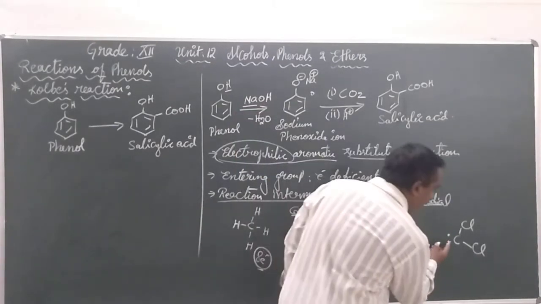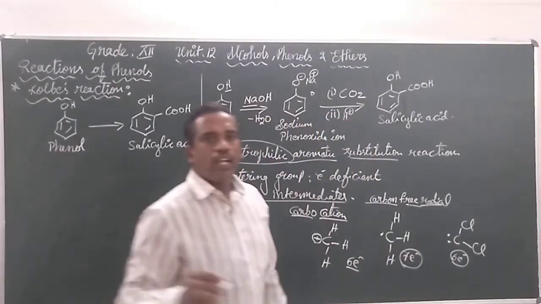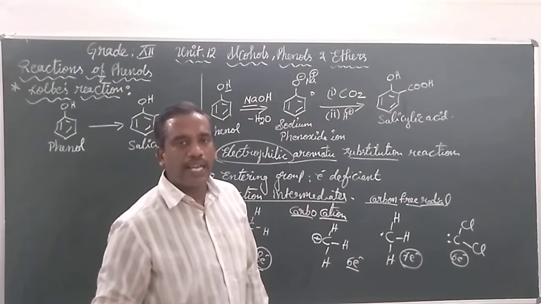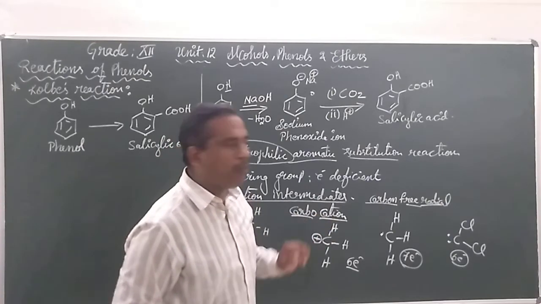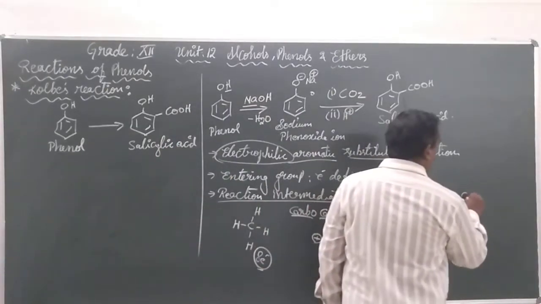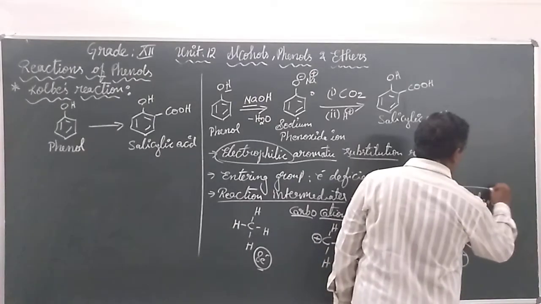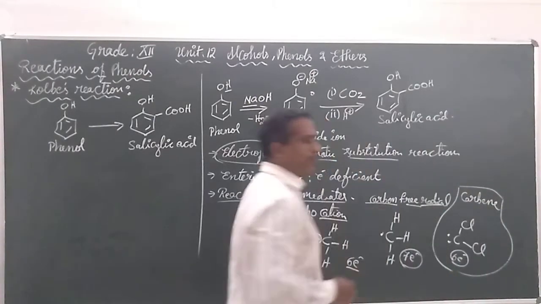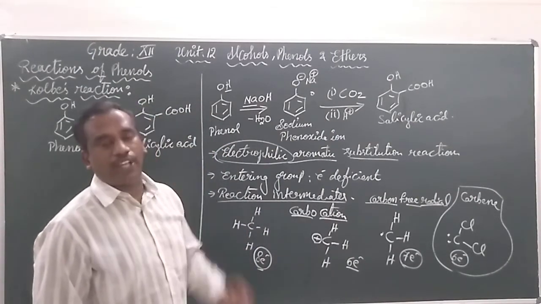So how many electrons is it having now? 6 electrons. The carbon with 2 free electrons and 2 bonds is going to be called the carbene. So this is the new intermediate that we have done today.